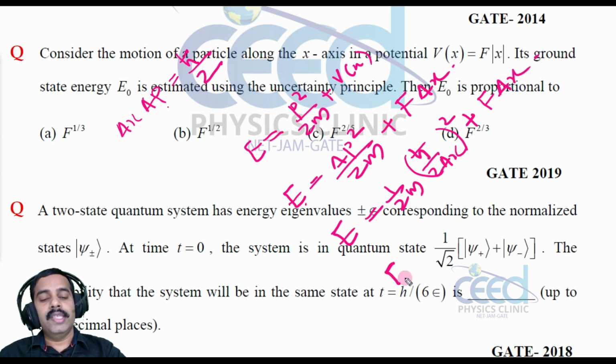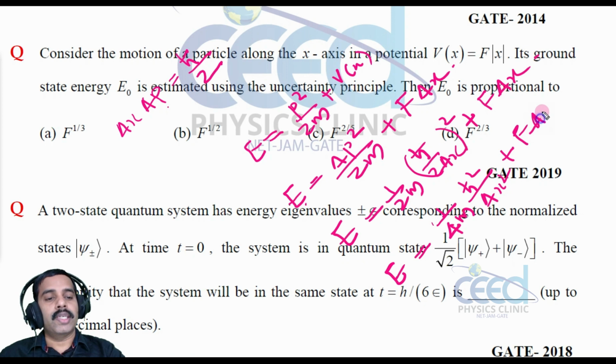Now this E is measured from the uncertainty condition because we have applied delta P equal to h cross divided by 2 delta x. So that is 1 by 4m into h cross square divided by delta x square plus f delta x.